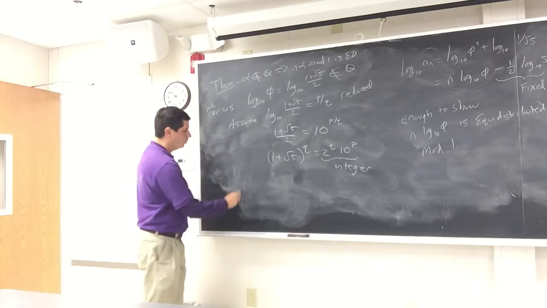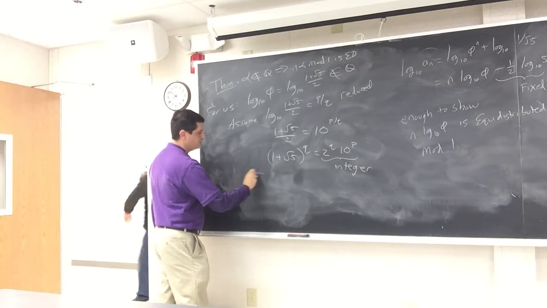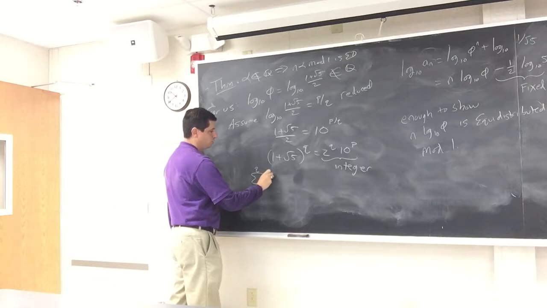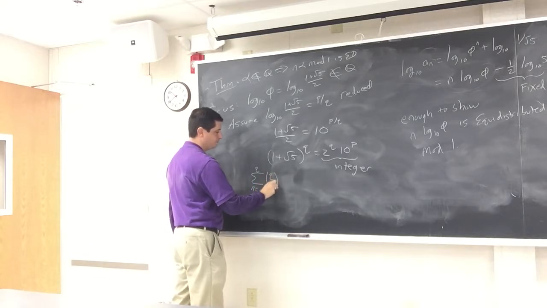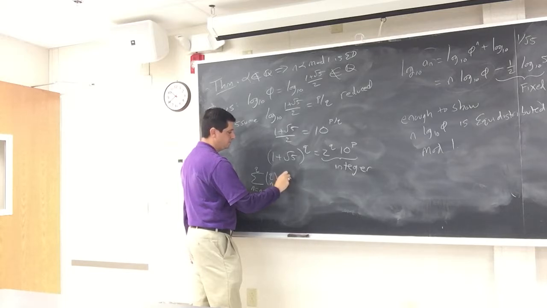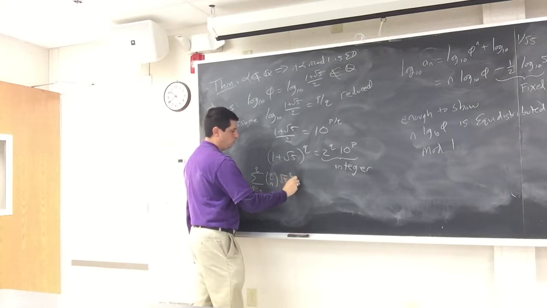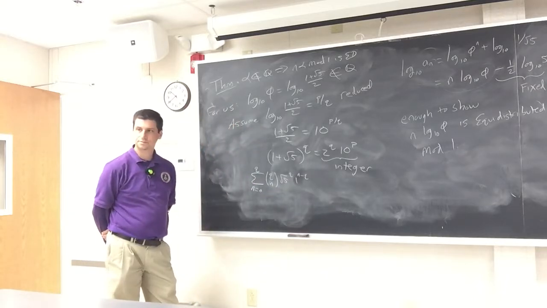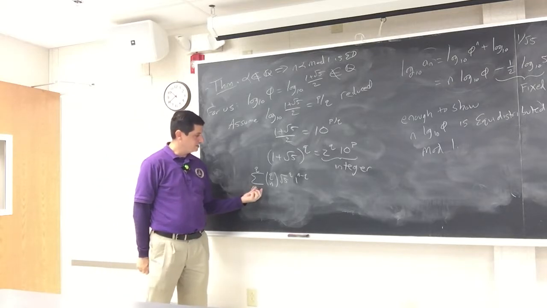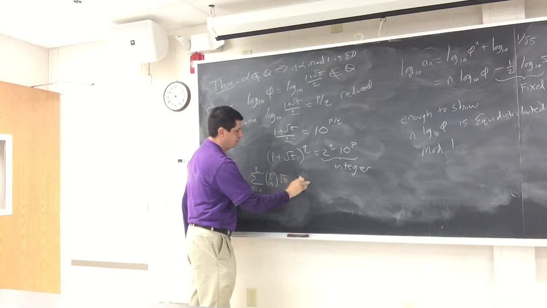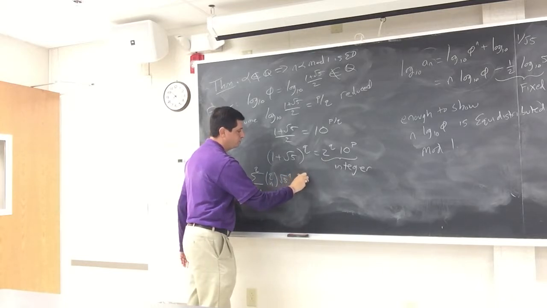So what do we have here? We have the sum, n goes from 0 to q, q choose n, root 5 to the n, 1 to the q minus n.